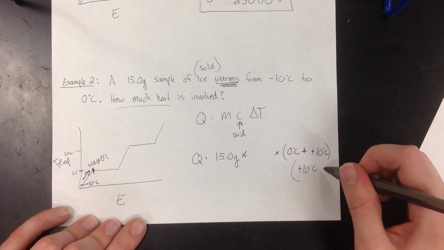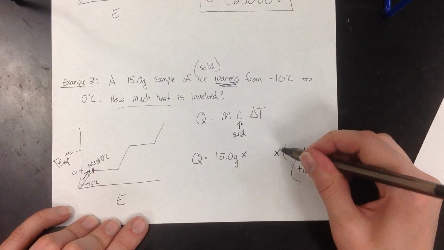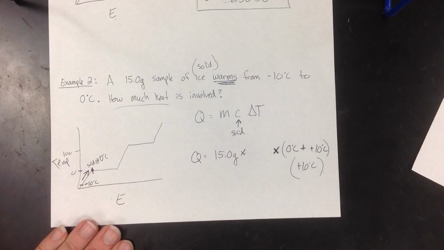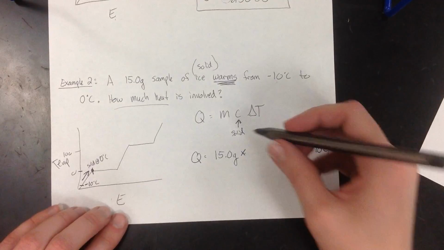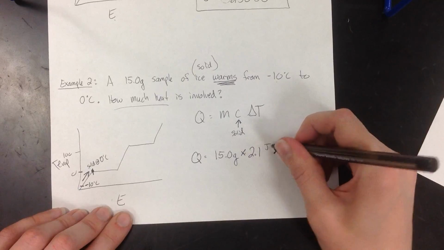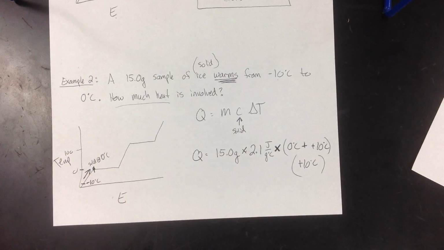And that's a temperature change, mind you. I still have to multiply it by my other values in here. So, C of my solid, look on my reference page. It gives me 2.1 joules per gram degrees Celsius as my C of a solid.